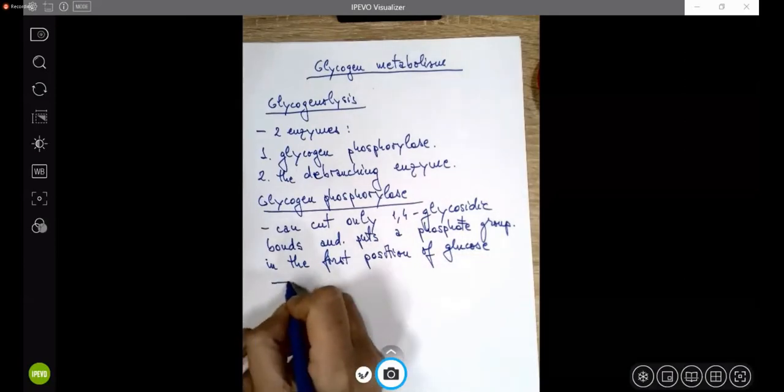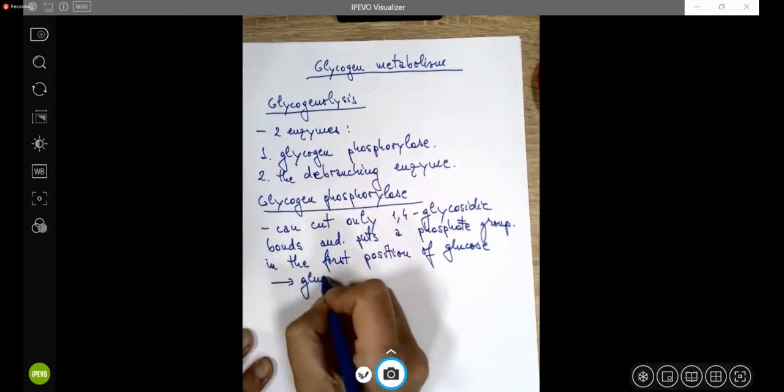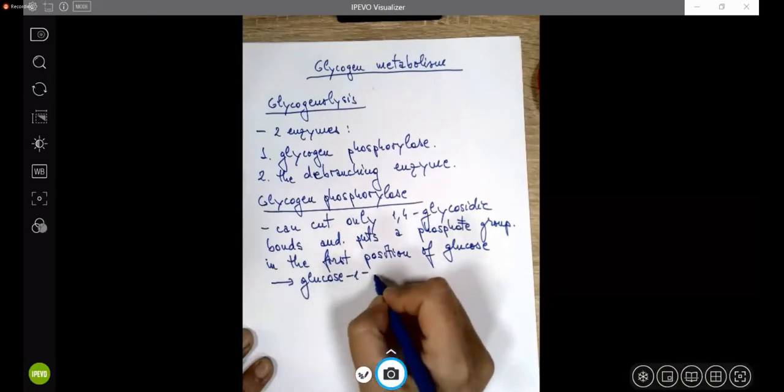So the result of its action is glucose 1-phosphate.